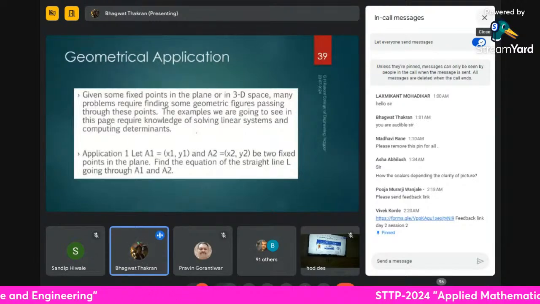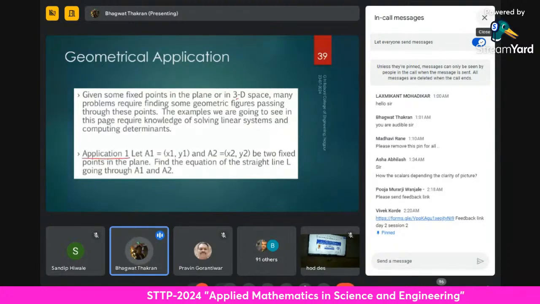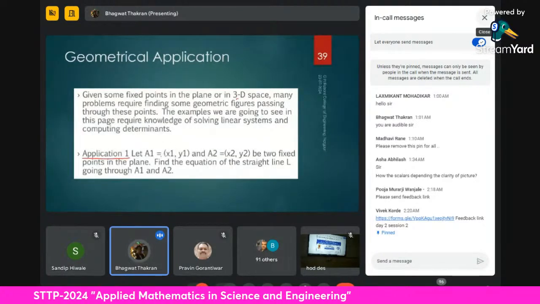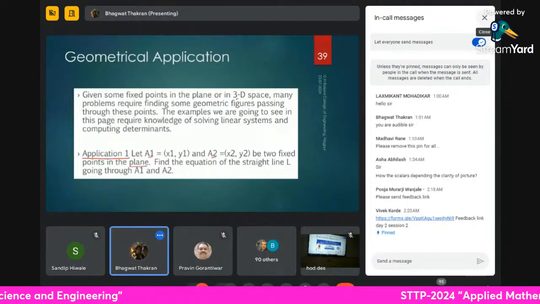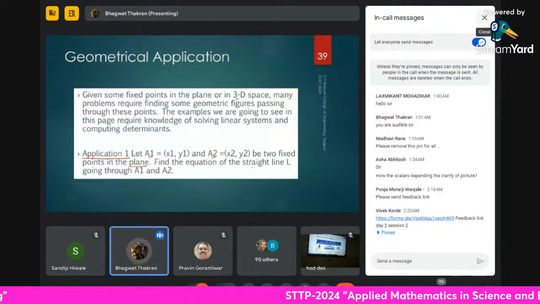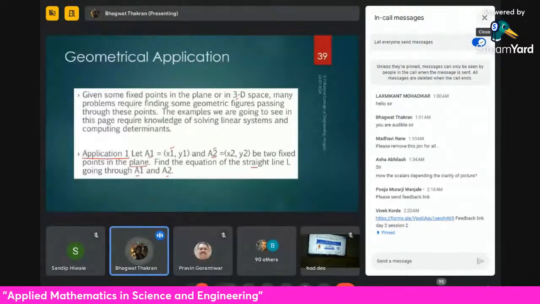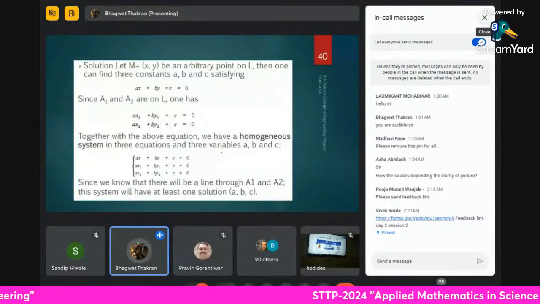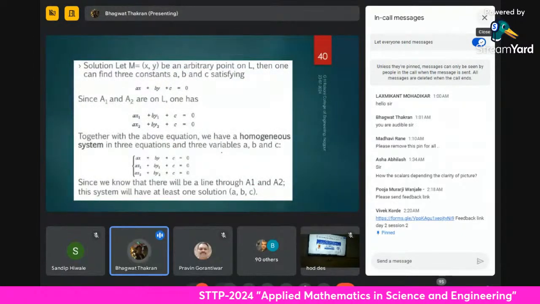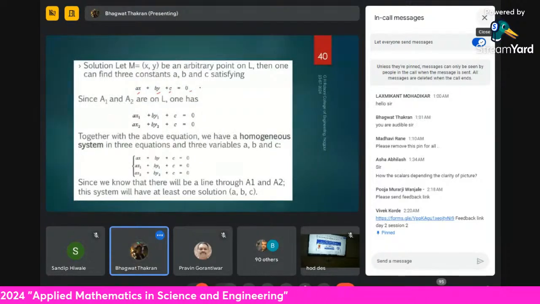So having some fixed points in 3D space, the first application which I have taken is, suppose I have two vectors A1 and A2 which are fixed points in the plane, and I need to find the equation of the straight line which passes through these two points. So I know that the standard equation of a line is simply ax plus by plus c equals 0, right?